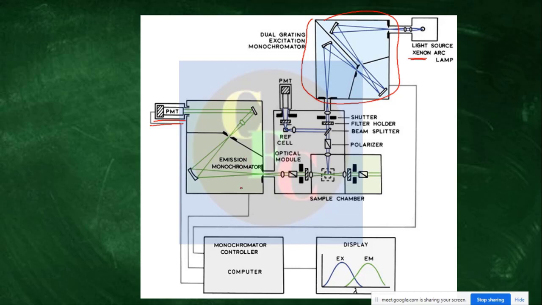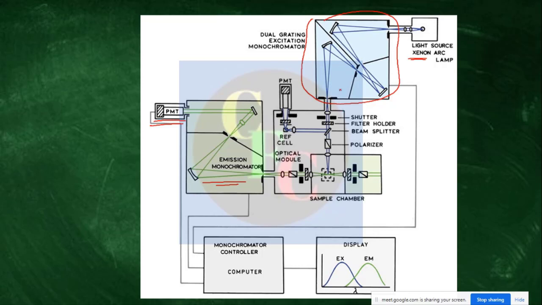This second monochromator is used to analyze the fluorescence signal. It is the emission monochromator. So two monochromators are used here, and the second monochromator is attached to a photomultiplier tube to produce a voltage.